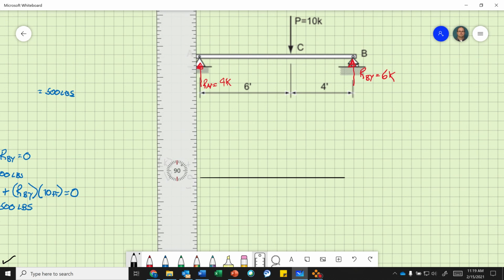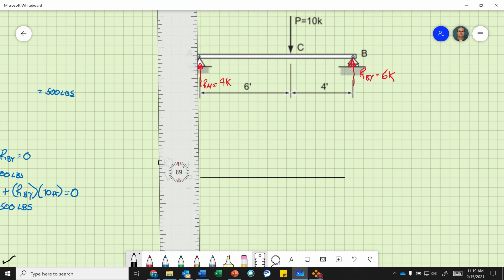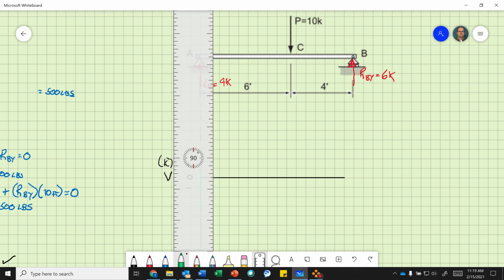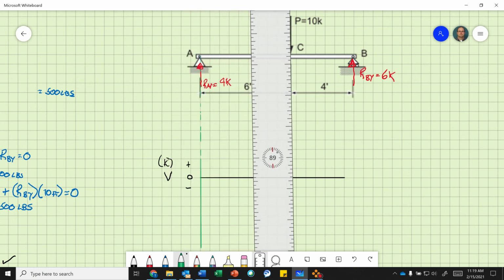So the beginning and the end of each reaction, which I have, right? So basically what you want to do there: the beginning and end of any distributed loads or point loads, okay.